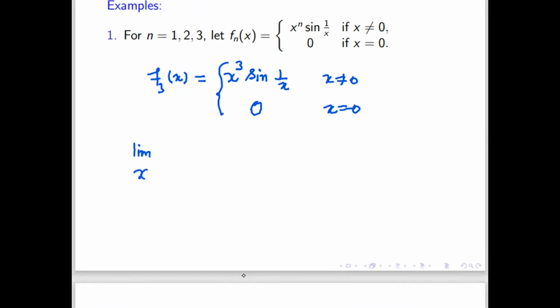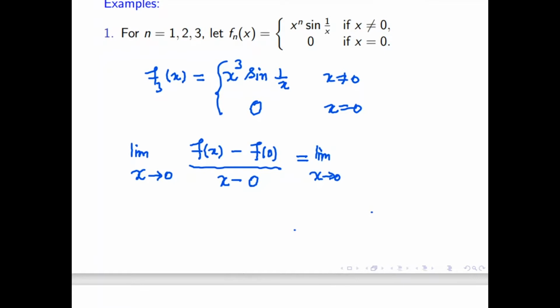Limit as x goes to 0. If this limit of f(x) minus f(0) divided by x minus 0 exists, then we'll say that this function is differentiable. So let me simplify this first.